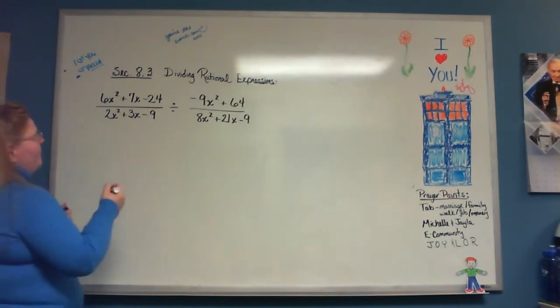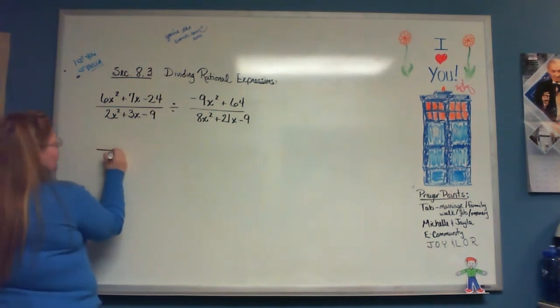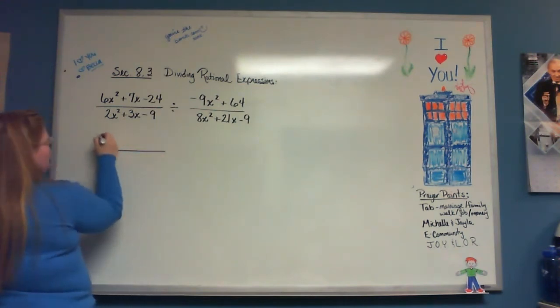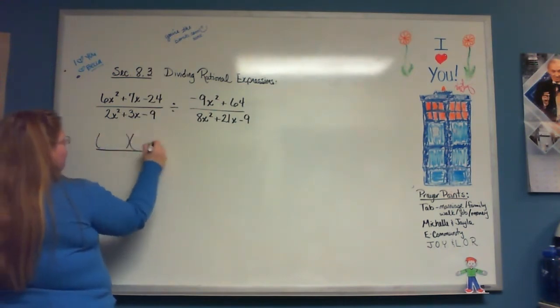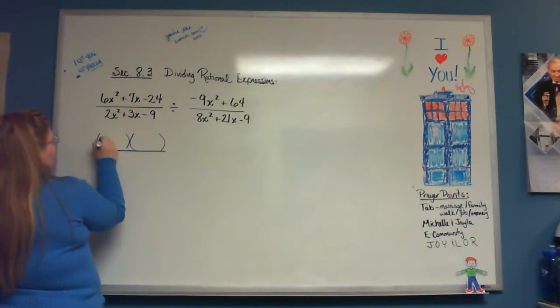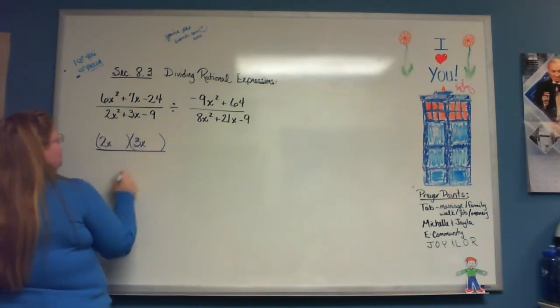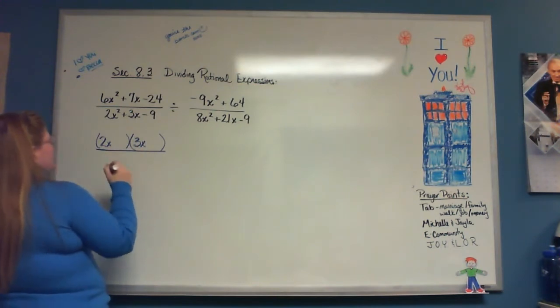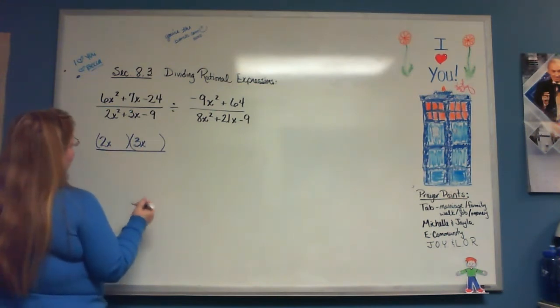Okay. Two parentheses. No GCF. Let's try a 2x and a 3x since I don't know what it is. 24 says 6 and 4 to me.